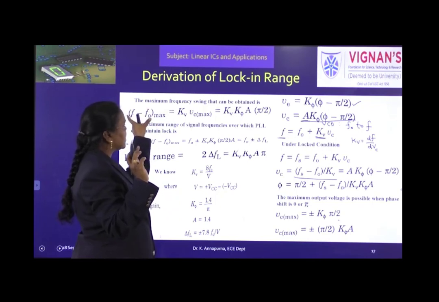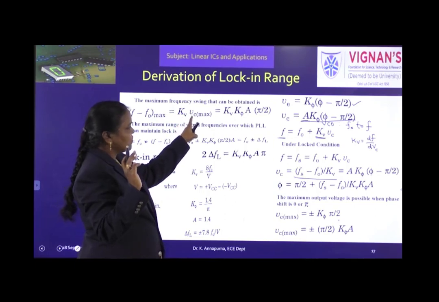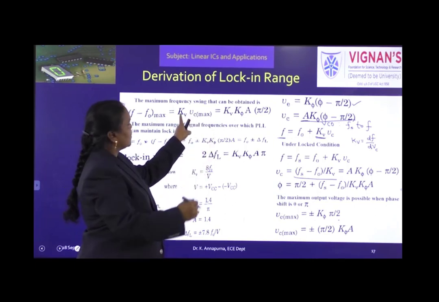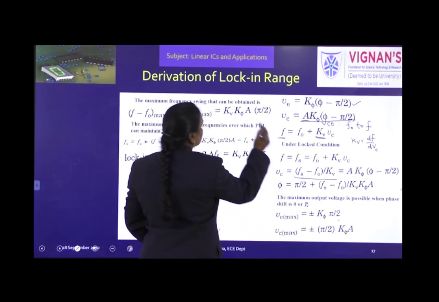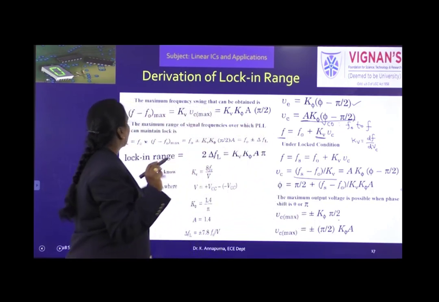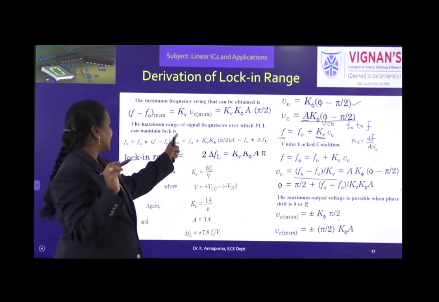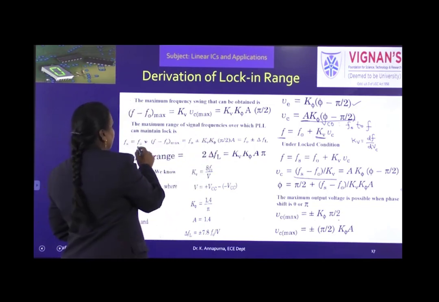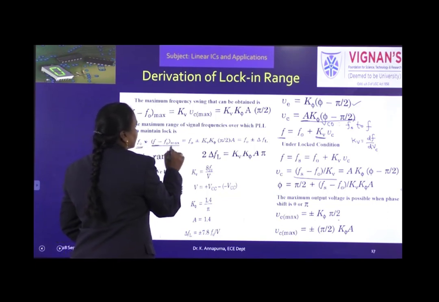That is the maximum swing it can maintain. It is equal to kV into Vc max. Okay. So Vc max we have already written here. So substitute that. And the maximum range of frequencies over which the PLL can maintain lock means initially it is at F naught, so plus or minus F naught max.